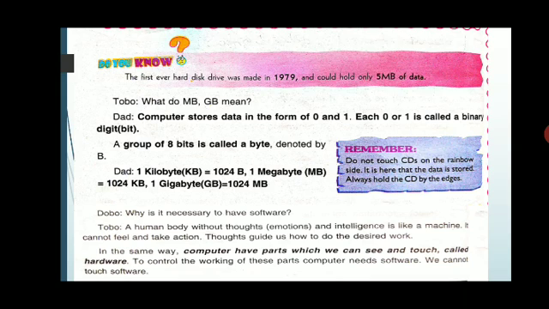A group of 8 bits is called a byte, denoted by B. Then 1 kilobyte equals 1024 bytes, 1 megabyte equals 1024 kilobytes, and 1 gigabyte equals 1024 megabytes.